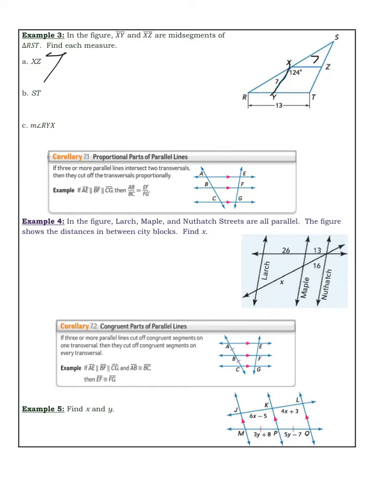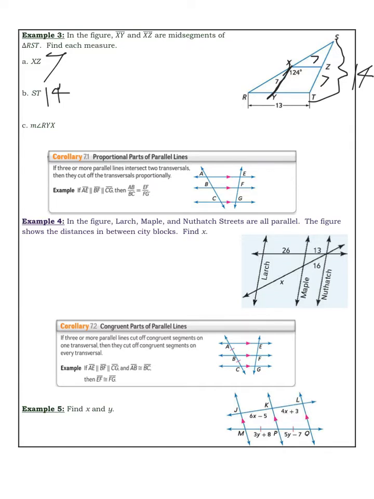If this side is 7, then this side is 7, then this side is 2 times 7, so that's 14. That's what ST is. Okay, because the long side is twice the length of the short side.